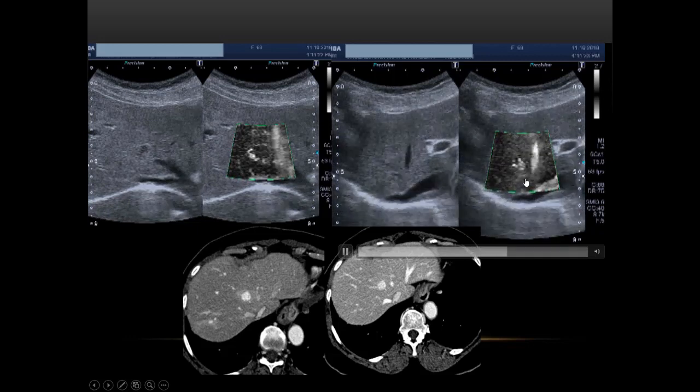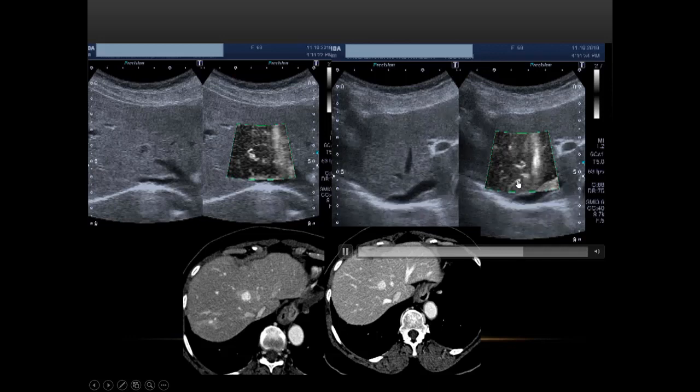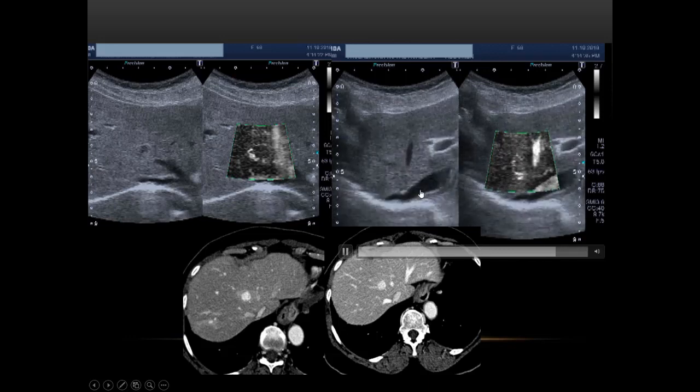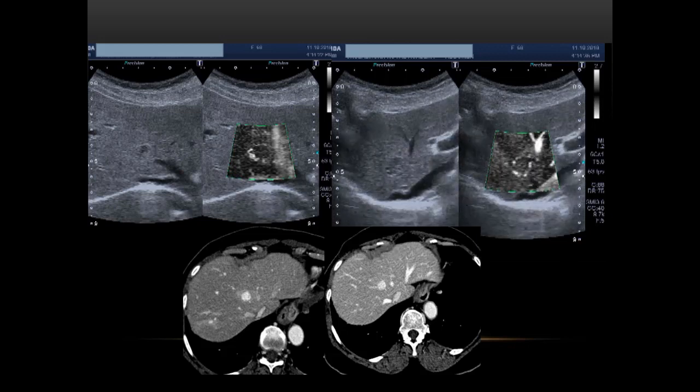So this gives us the confidence that we can follow up on ultrasound and there's no need to be in a hurry for CT for confirmation. If there's a pattern like this, I feel comfortable with follow-up. And also if the patient is low risk, we can follow up with confirmation of the flow pattern like this.